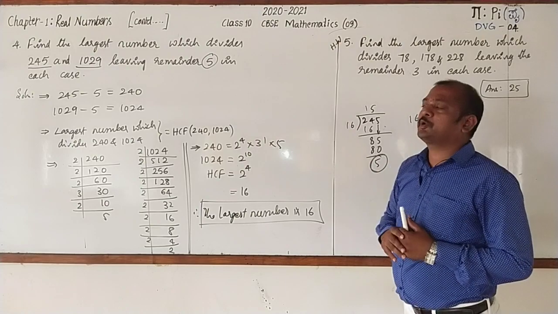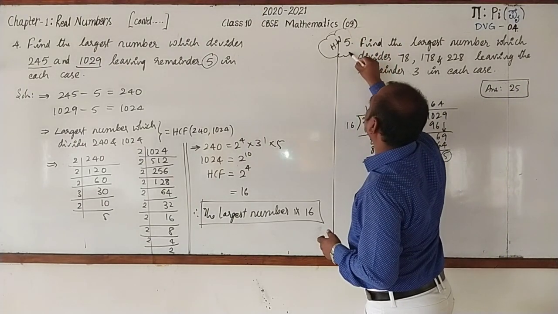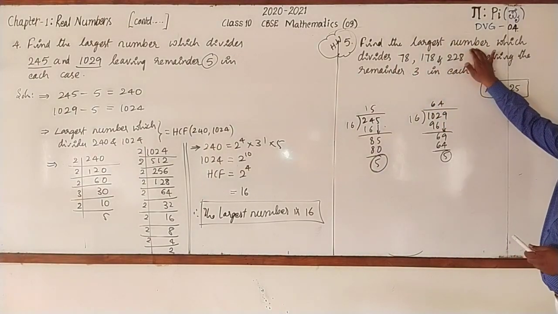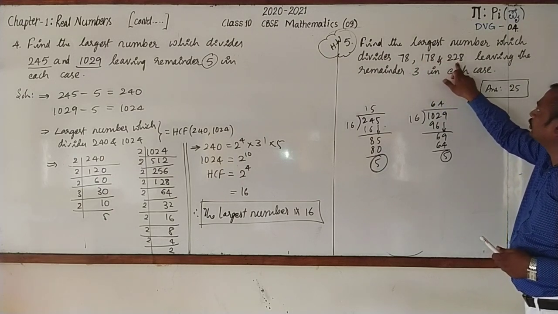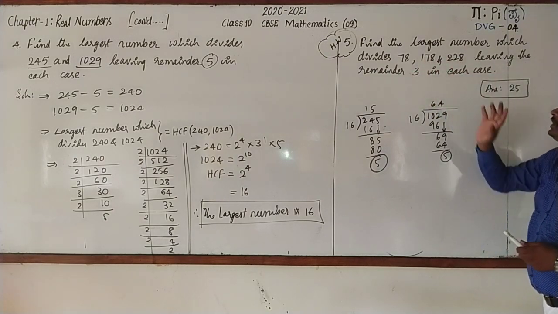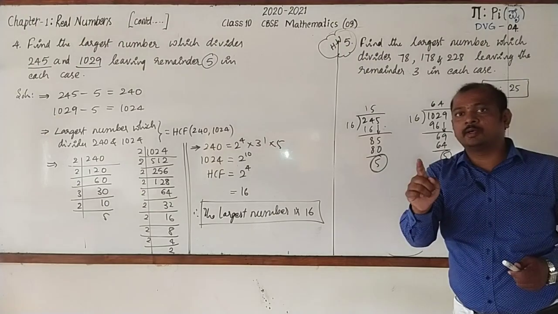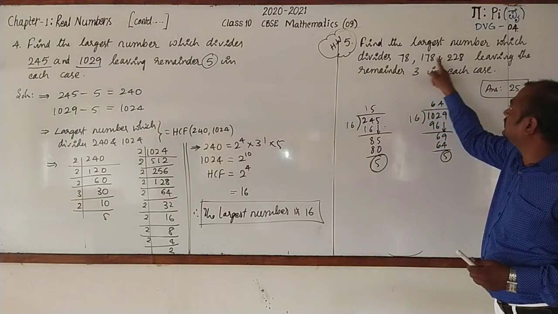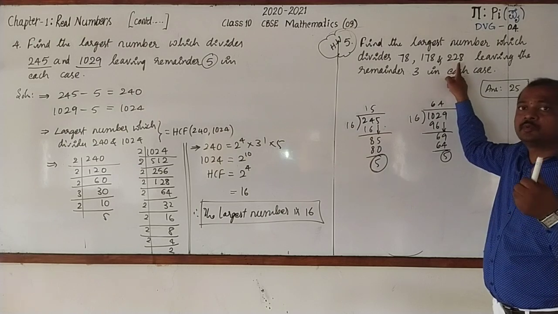The same type of problem has been given here, just for homework. This is for homework. Observe. Find the largest number which divides 78, 178 and 228, leaving the remainder 3 in each case. That means you are going to find a number such that when it divides these, it will give the remainder 3. So what is the first step?